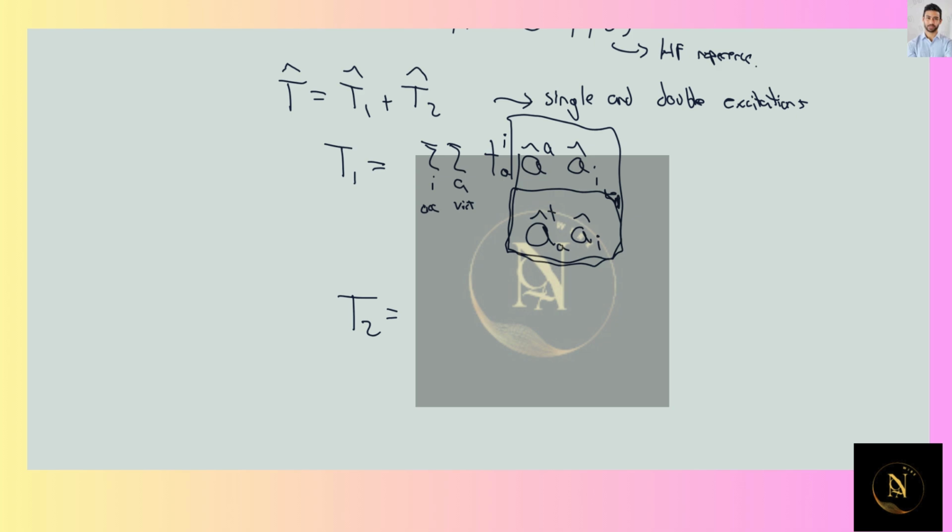Following that convention, the value for T2 would be equal to 1 over 4, sum over i and j, sum over a and b, of t_ij^ab times a dagger a, a dagger b, a_j, a_i.